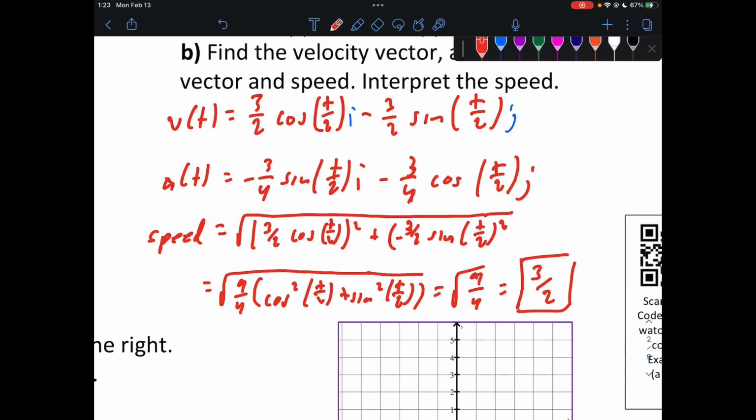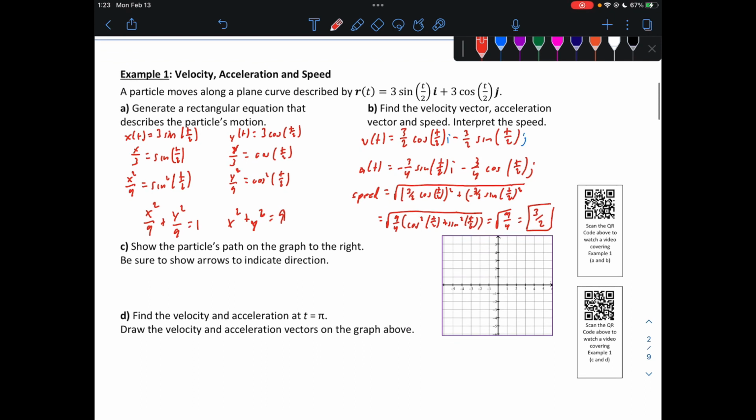So what does that mean? It means that the speed of this particle is always 3/2.